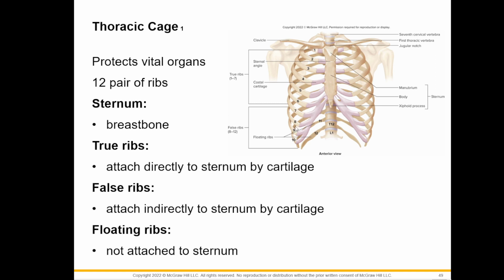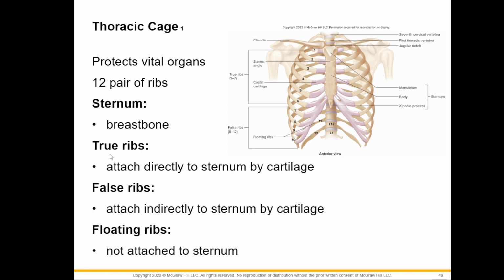Pero rib number 8, 9, and 10, they are no longer directly connected. But yung mga cartilage nila nagsama-sama, they join together in order for them to attach the sternum. So when they are indirectly attached, you call them false ribs. And then we have rib number 11 and rib number 12 that do not have any attachment to the sternum. Then we call them floating ribs.